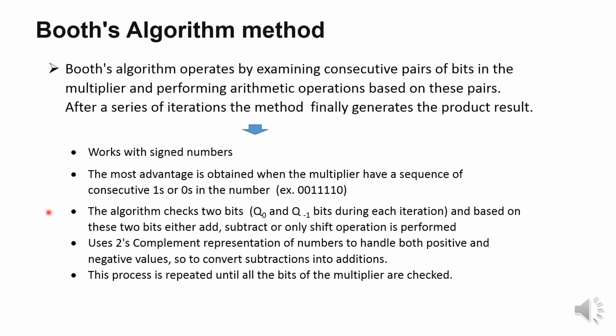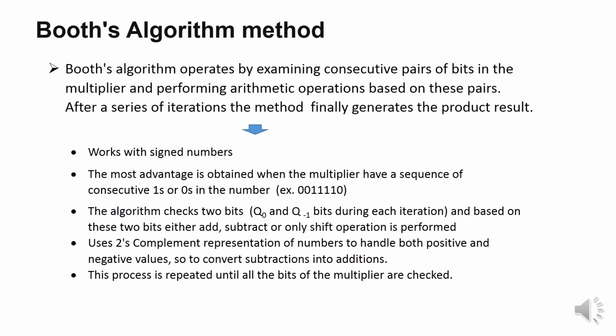In the process, the algorithm checks two bits, q0 and q-1, during each iteration, and based on these two bits, either an addition, a subtraction, or only a shift operation is performed. The method uses 2's complement representation of numbers to handle both positive and negative values, so as to convert subtractions into additions.